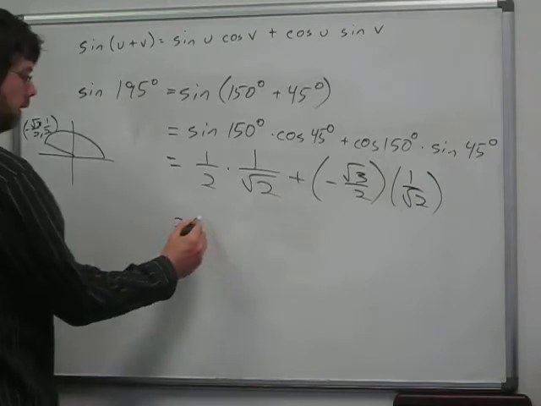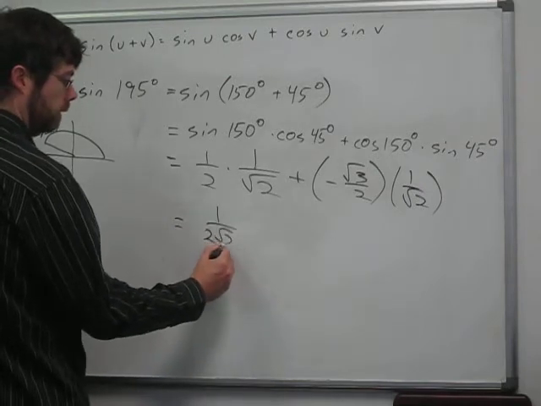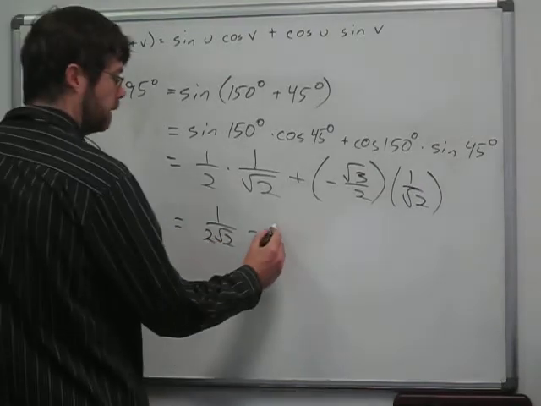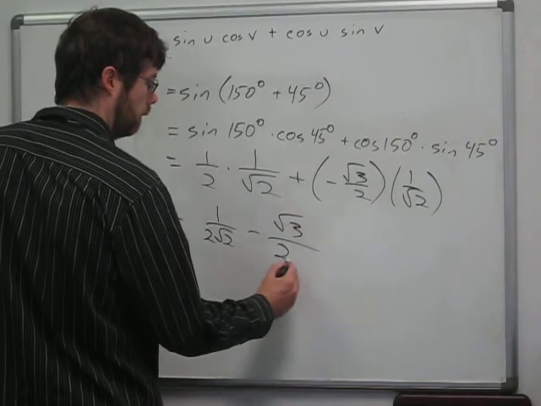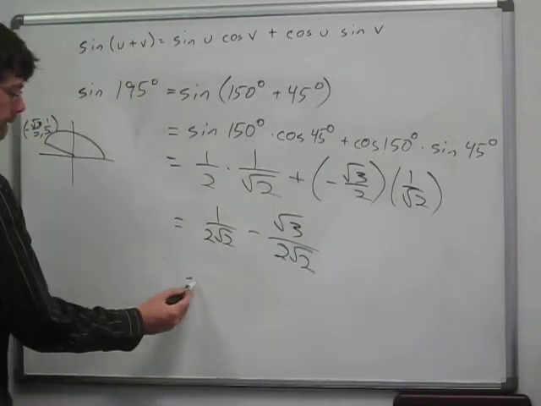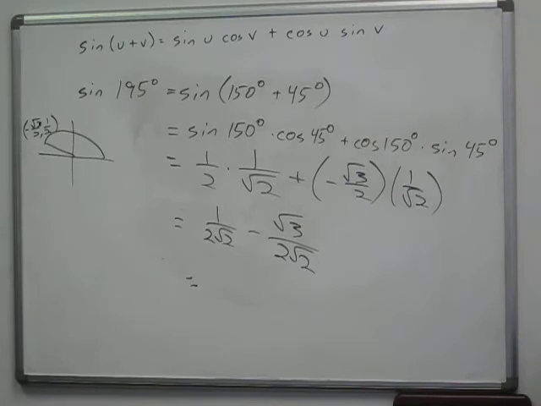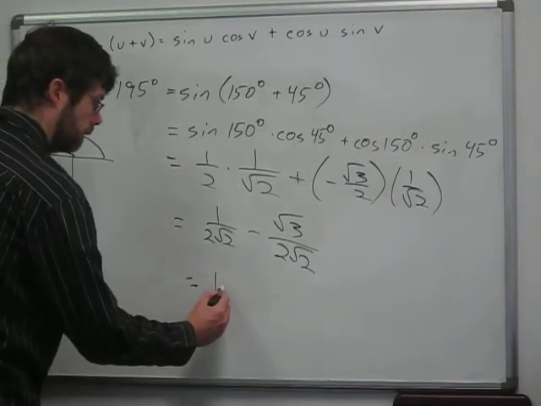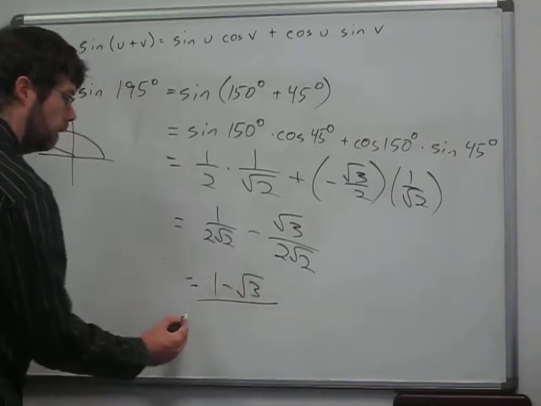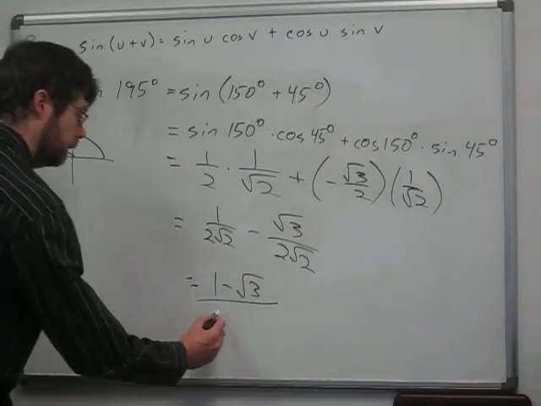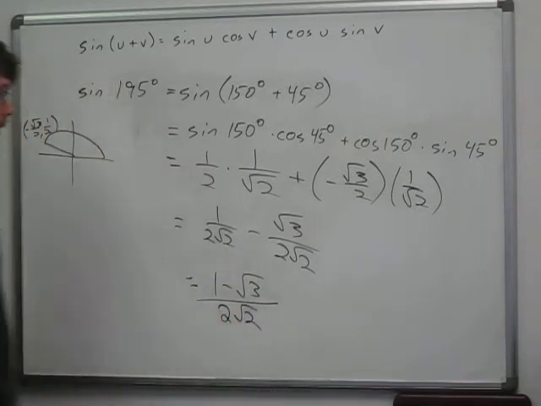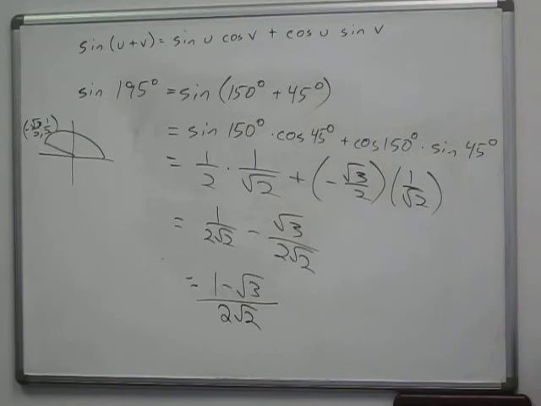So we have 1 over 2 radical 2 minus root 3 over 2 radical 2. Again, we have the same denominators here, so I can just combine the numerators. 1 minus root 3 over 2 root 2. One more.